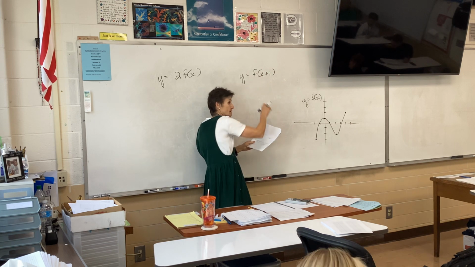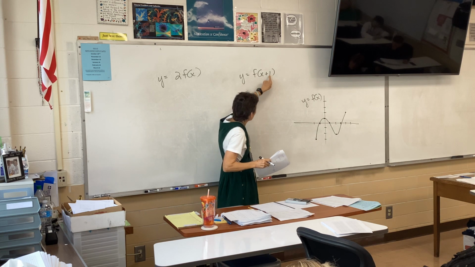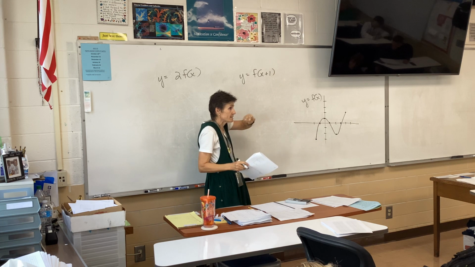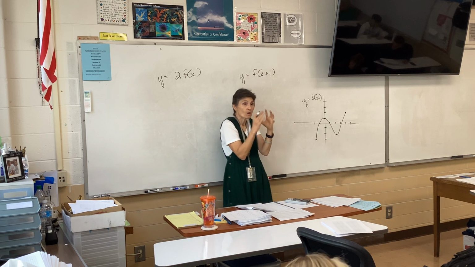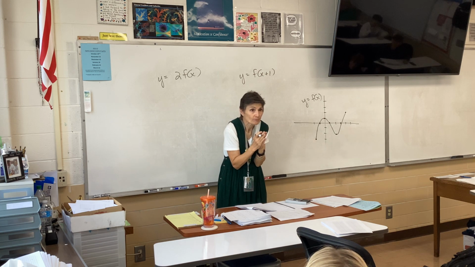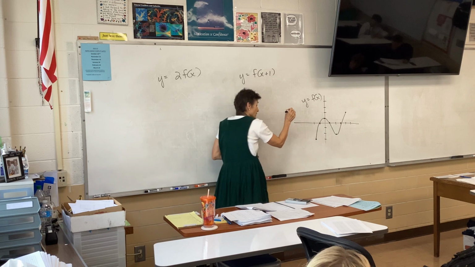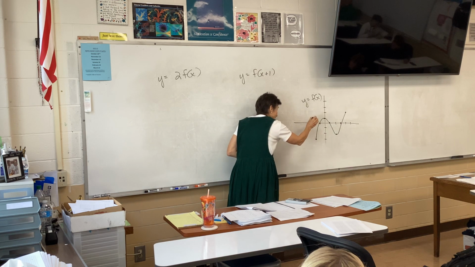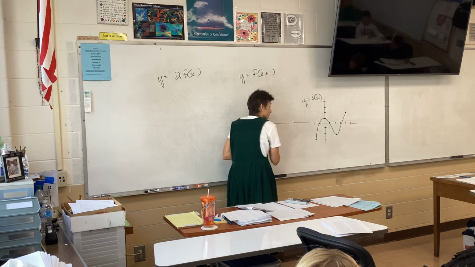This is letter B. You should know what impact adding 1 directly to the x does. When you put that x plus 1 in parentheses, what does that do to your picture? Left. It goes left 1. So you're simply going to redraw that exact picture 1 unit to the left.